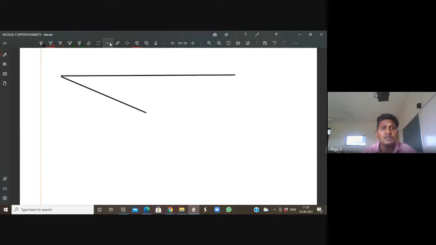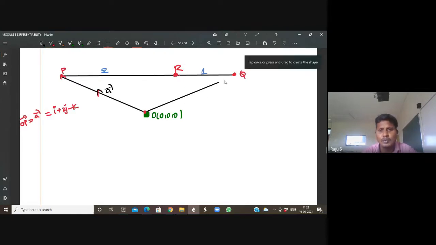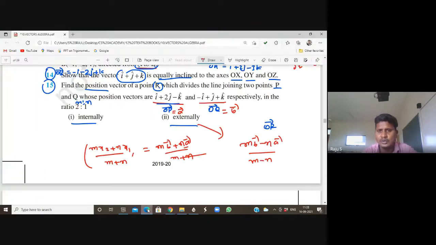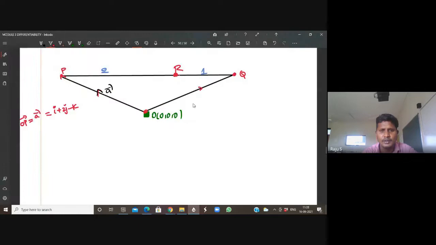The position vector of Q is nothing but from O to Q. This is called the position vector in this direction. Starting point is origin, ending point is Q. This vector is already given in the question: minus I plus j plus k. This can be represented by the OQ vector.